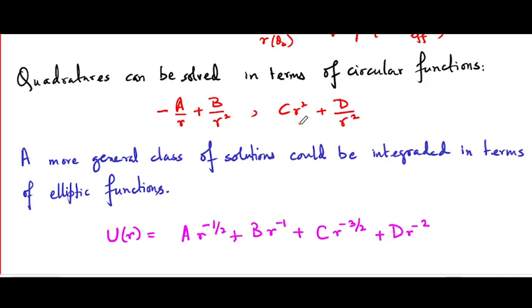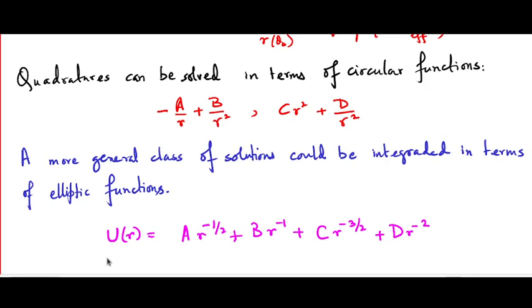The difference in the values of theta at which r returns back to the original values were a rational multiple of 2 pi for the Kepler problem and the harmonic oscillator. But for this new problem with this augmentation by 1 by r square, this change in theta will no longer be a rational multiple of 2 pi. The fact that the original problem had closed orbits will not lead to closed orbits for the new potential.